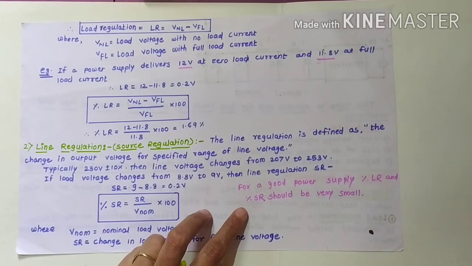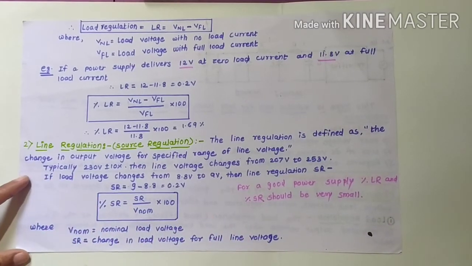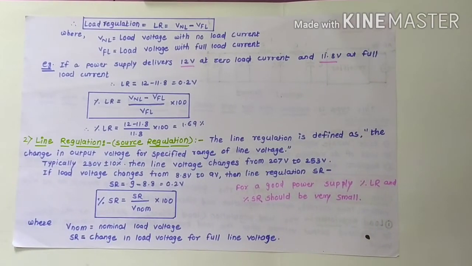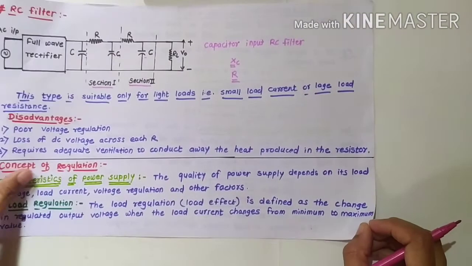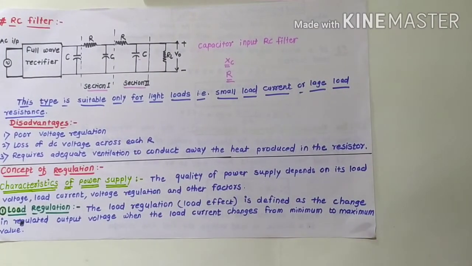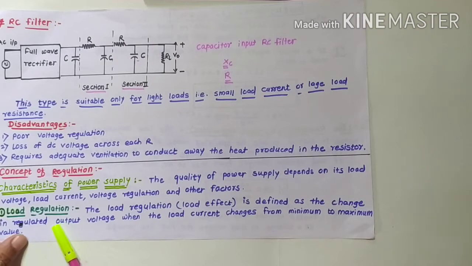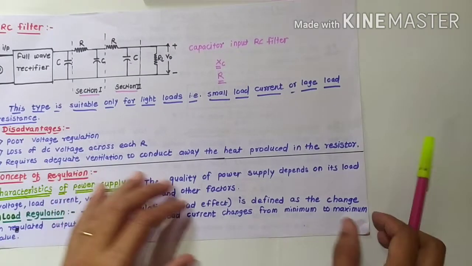Or in other words, fluctuations means there is a change. What is the definition of load regulation? It is the change in the regulated output voltage when load current changes from minimum to maximum.